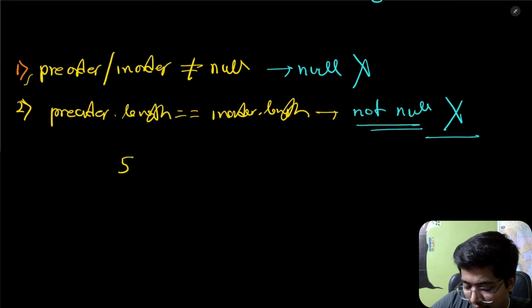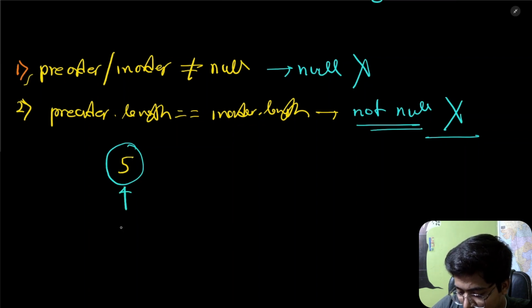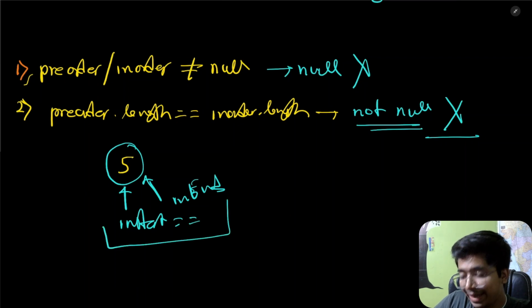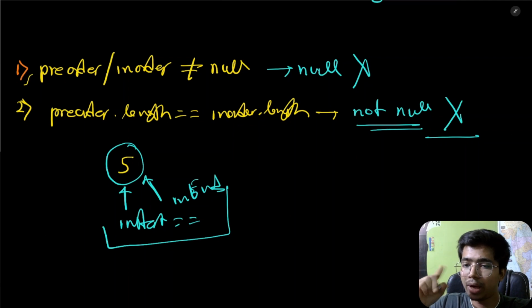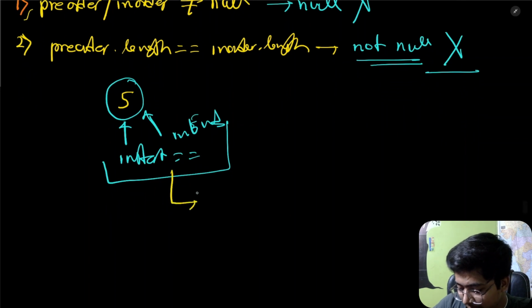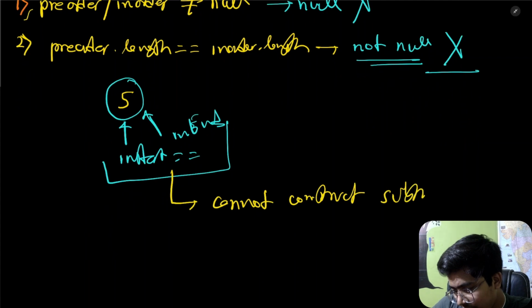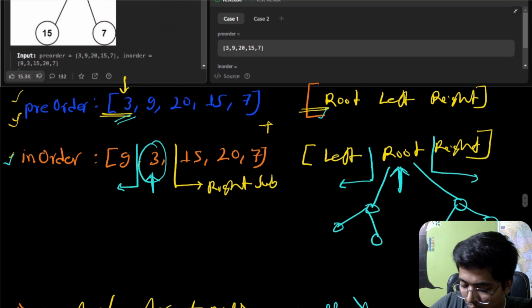If there is only a tree like this, 5, then the starting of inStart and inEnd will both be the same. That means the value of inStart equals inEnd, which means there is only one element, so we cannot construct a subtree. Sometimes it might be that, let's call this preStart.